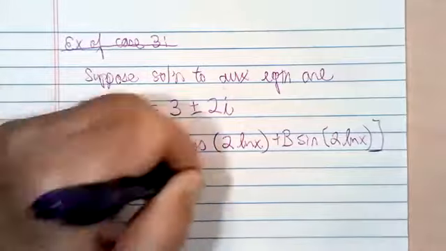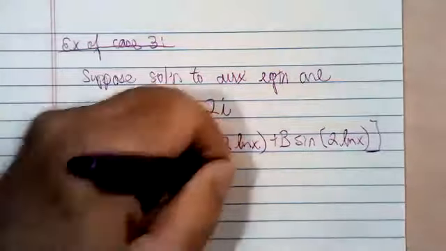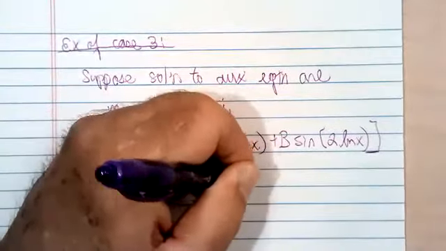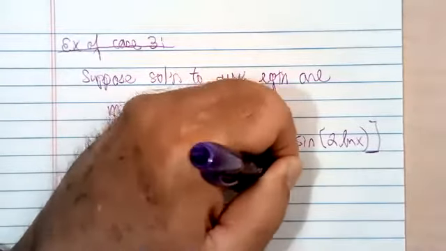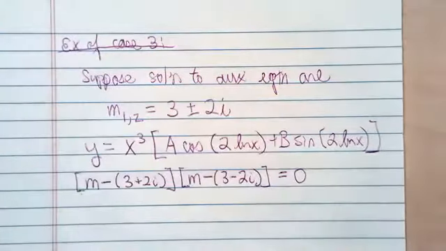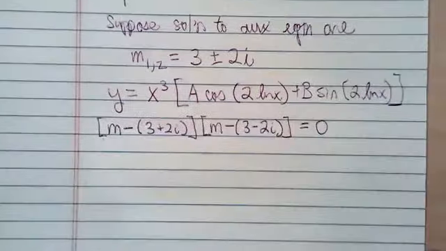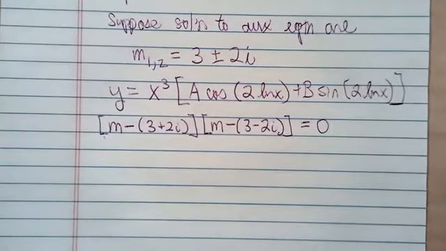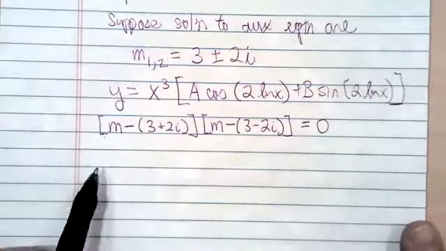My auxiliary equation has to be equivalent to this. So I'm working backwards here. You don't ever have to do this. I make up all the problems for you and you just solve them, right? But this is how I make up problems.